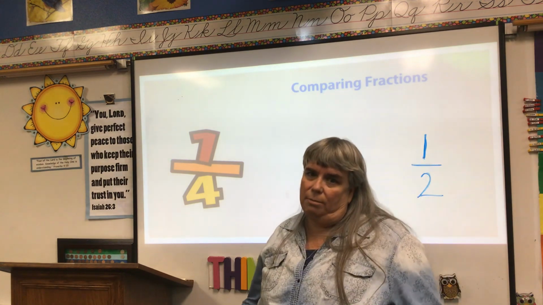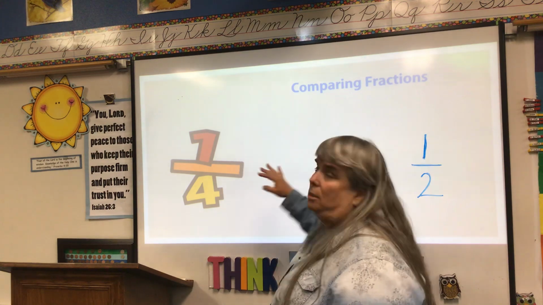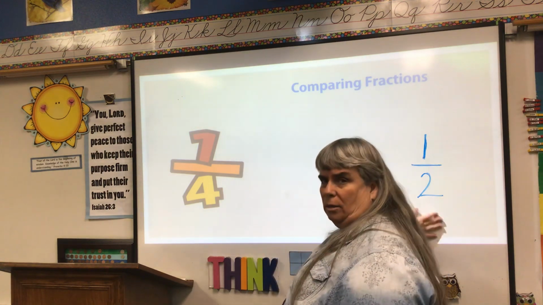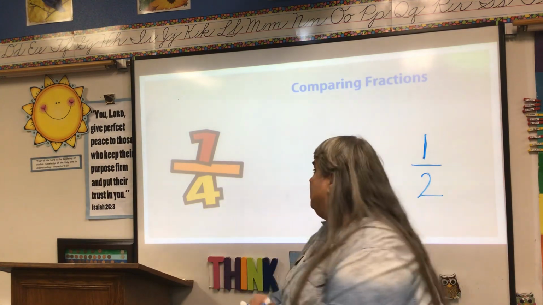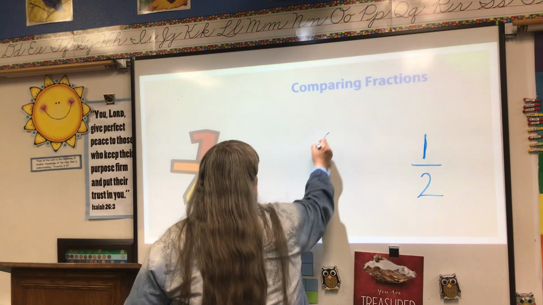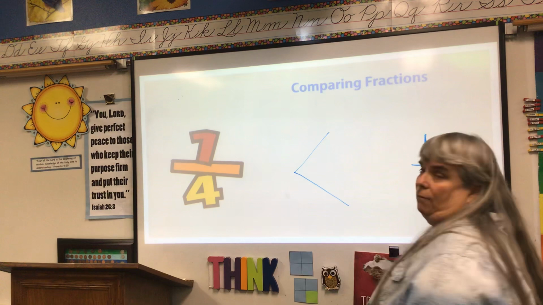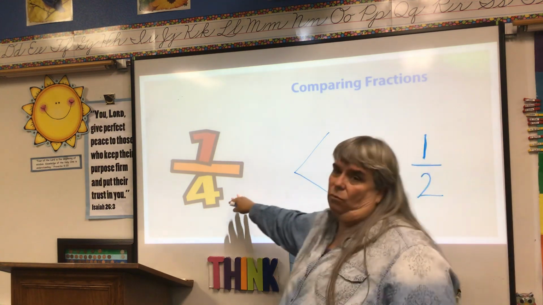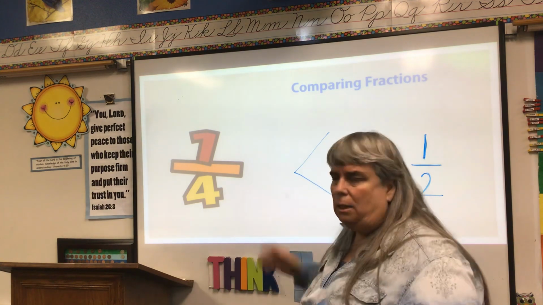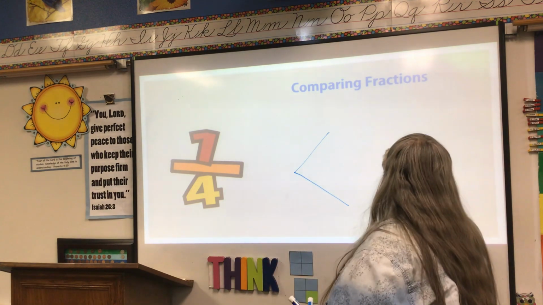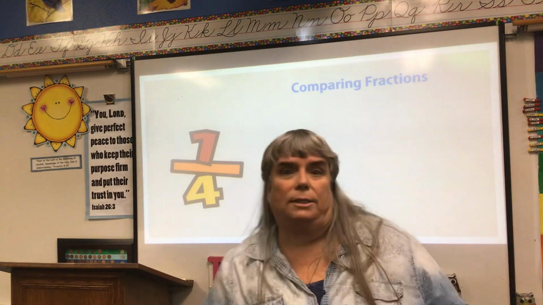So what you have to remember is the smaller the number on the bottom, as long as the numbers on the top stay the same, the bigger slice of pizza you get. So really, technically, of course, 1/2 is definitely bigger than 1/4. And you saw it when the pizza was up there, because we talked about it at length. Okay? So let's look at another example.